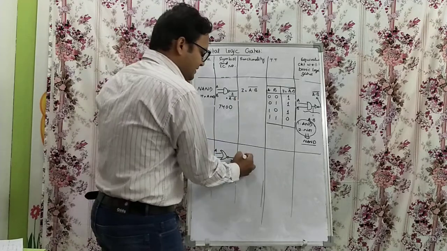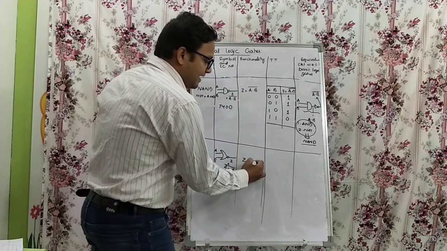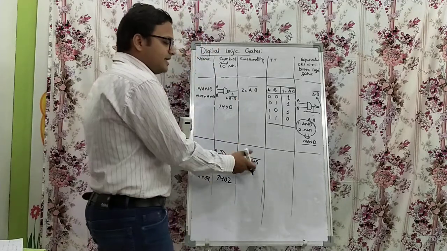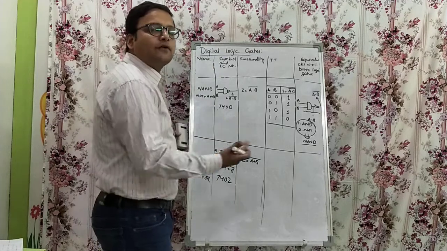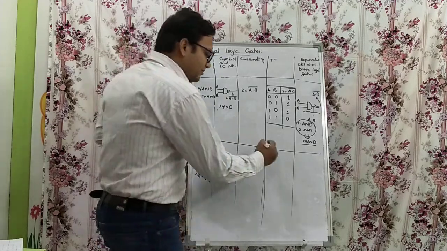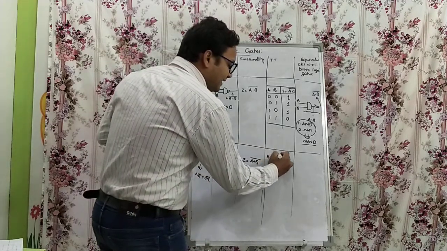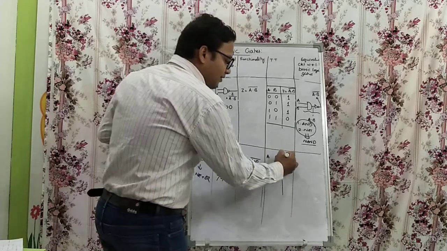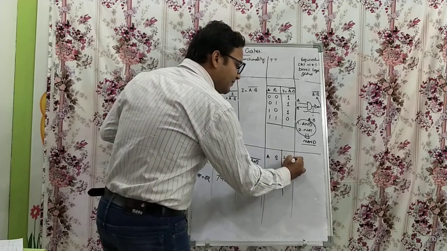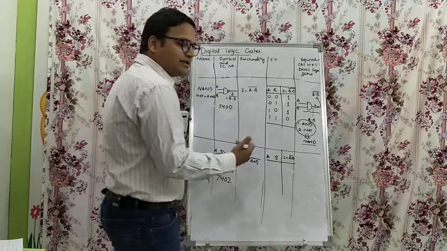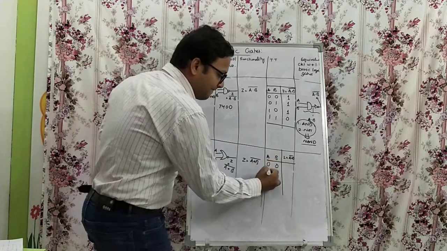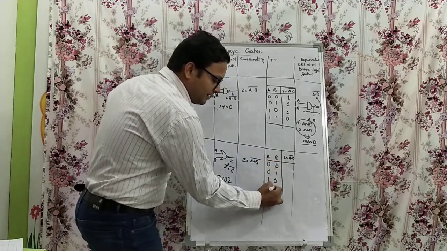So the functionality is Z is A or B, just with the OR functionality inverted. What is the truth table? The truth table again: the output Z equals A or B, inverted. It's a two variable, 4 combination table: 0 0, 0 1, 1 0 and 1 1.